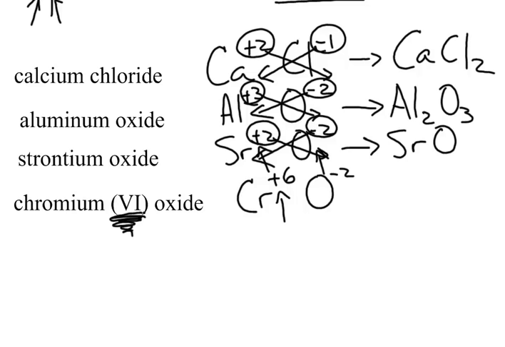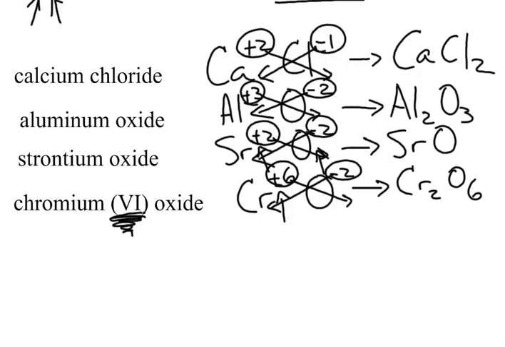So when we do the crisscross, because these are both a multiple of 2, we're going to divide by 2. And that's going to give us a final outcome of CrO3. So that's fairly straightforward. Of course, these are all 2-element compounds, and things get a little more interesting when we have more elements, but that's the way it works for now.